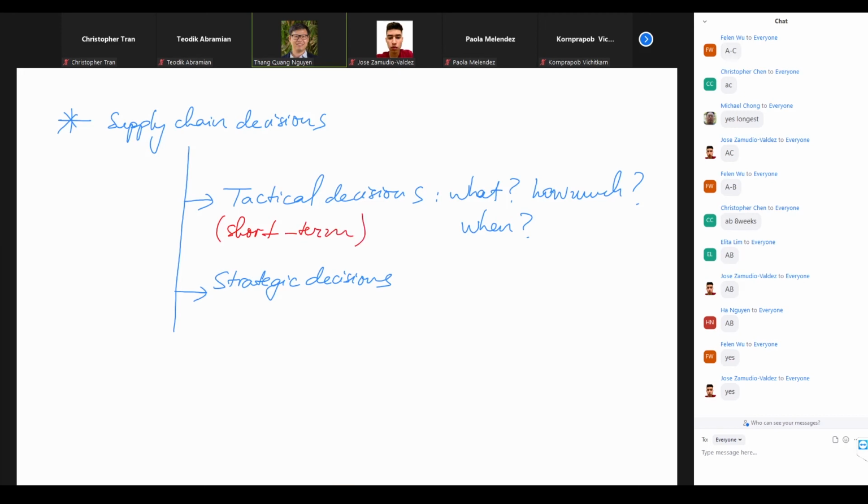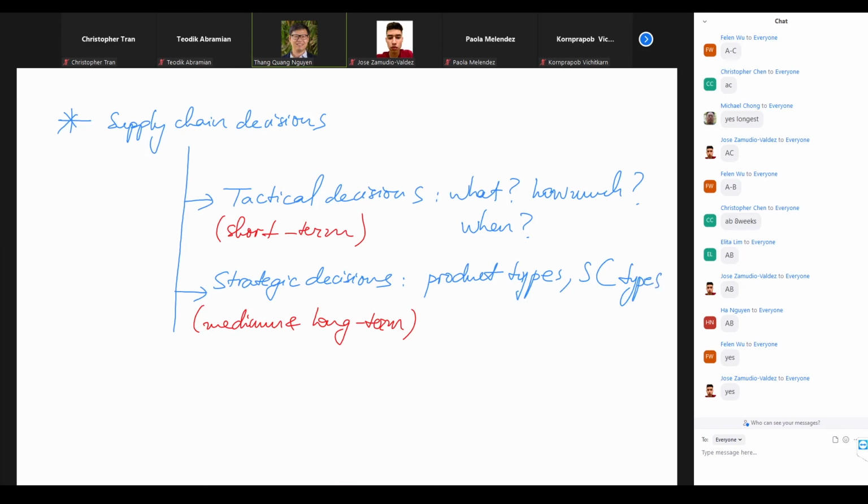In strategic decisions, right, the decisions are bigger, and it is for the medium and the long term. For example, we will talk about the product types that we try to sell, and supply chain types.